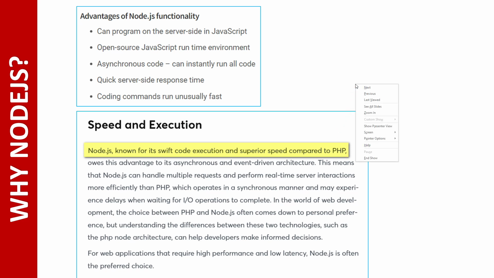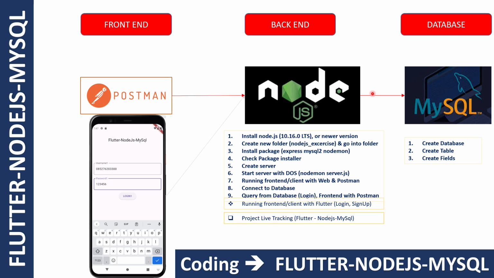So this is the result. Why do we use Node.js backend, to change from PHP to Node.js?